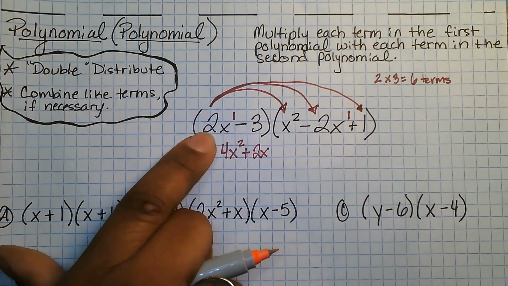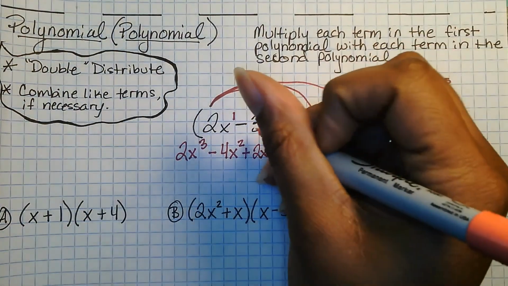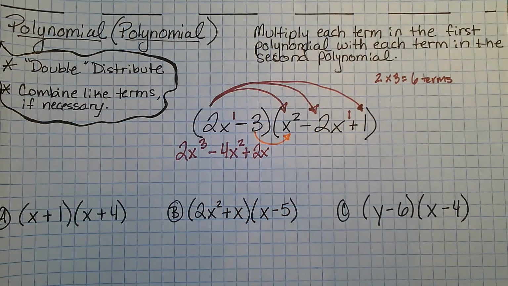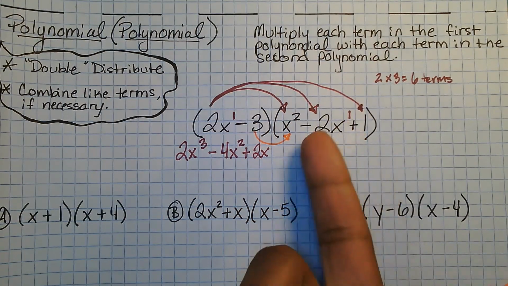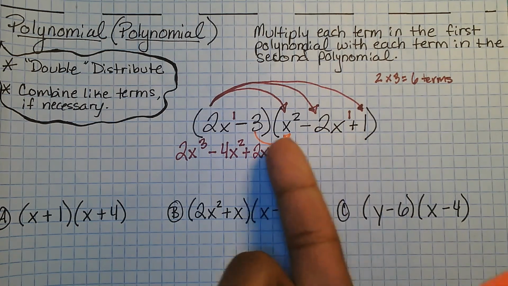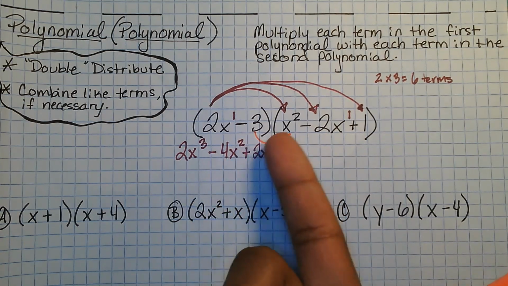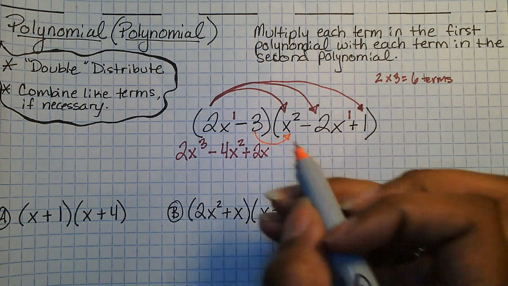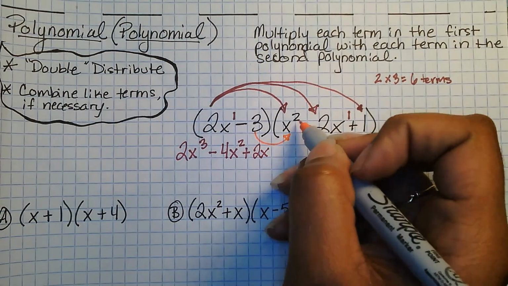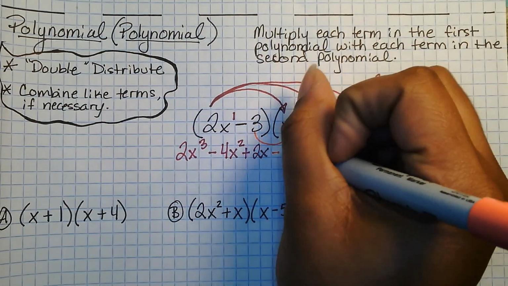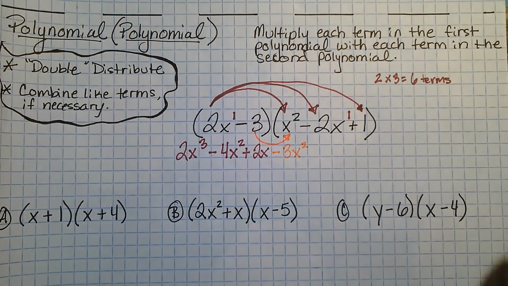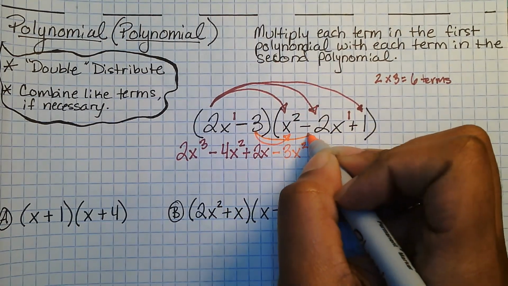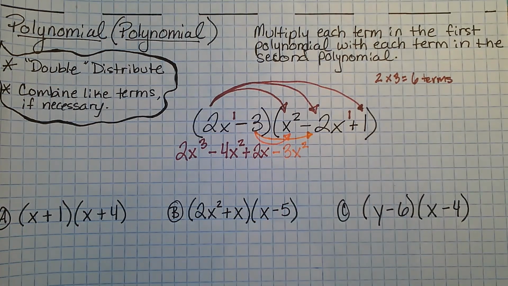So now we're going to forget that the 2x is there, and we're going to be focused on distributing the negative 3 to the x squared, negative 3 to the negative 2x, and negative 3 to the 1. All right, so negative 3 times x squared is negative 3x squared. Then we do negative 3 times negative 2x.